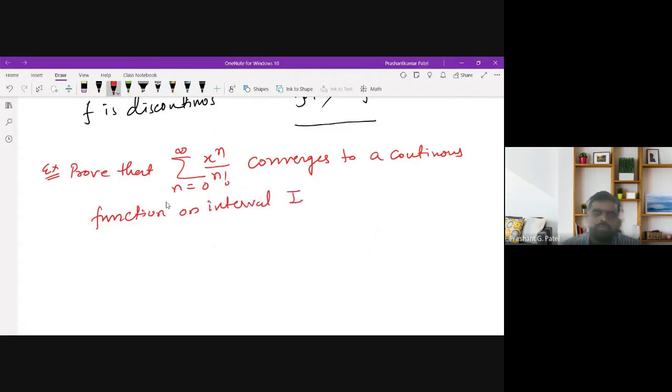Here our objective is to prove that this series converges to some continuous function.